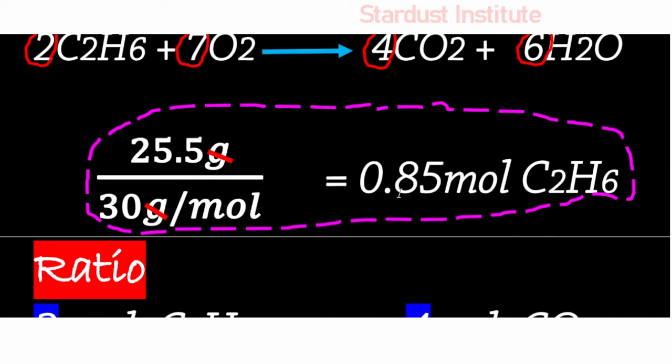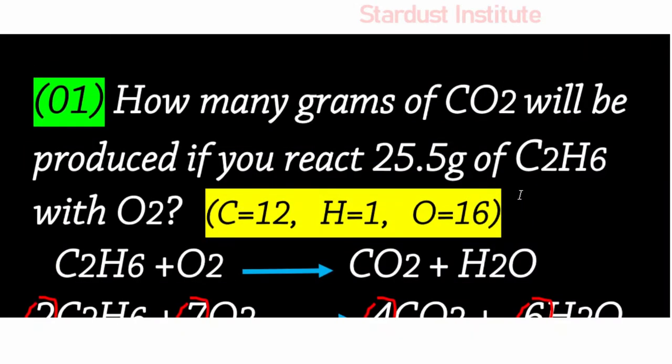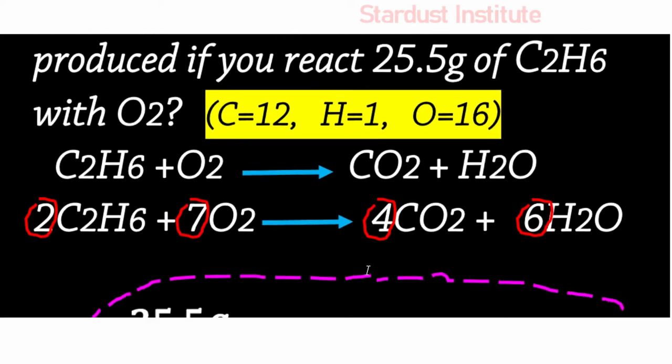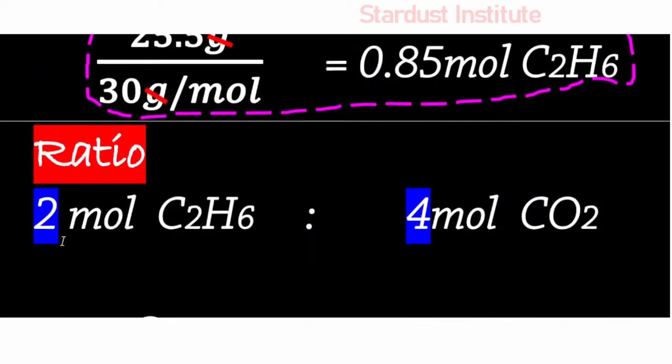This 0.85 moles of C2H6 means 25.5 grams of C2H6. You can see the ratio. If we use 2 moles of C2H6, we can get 4 moles of CO2. This is the ratio.